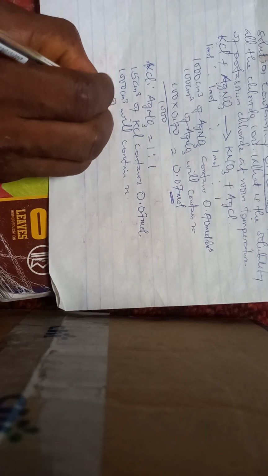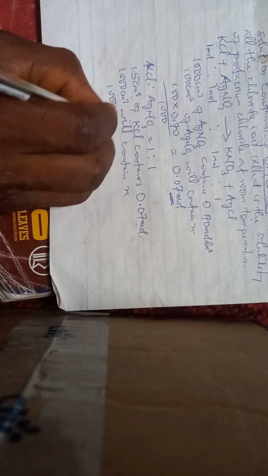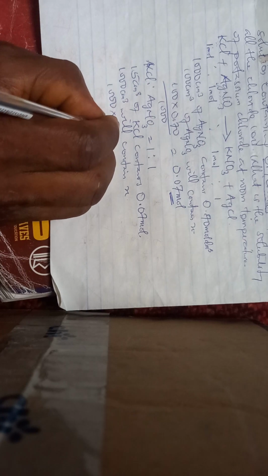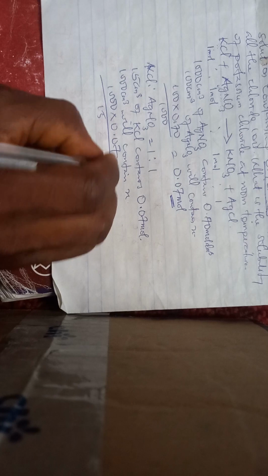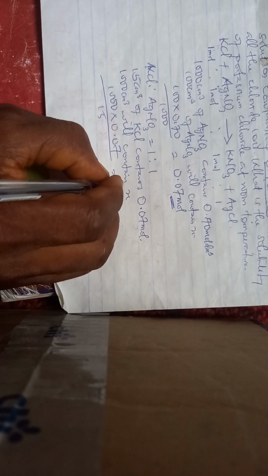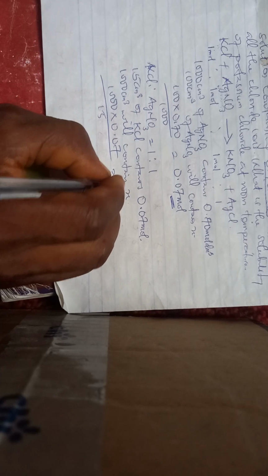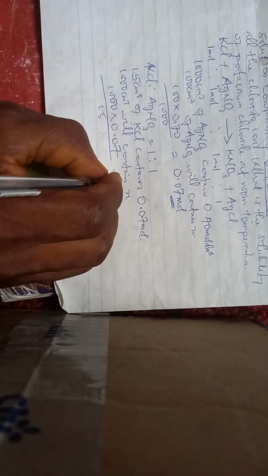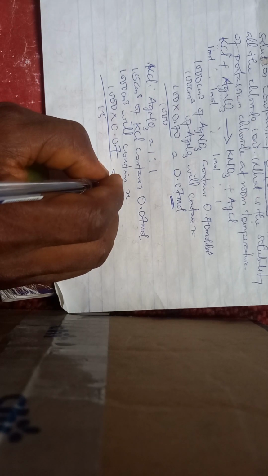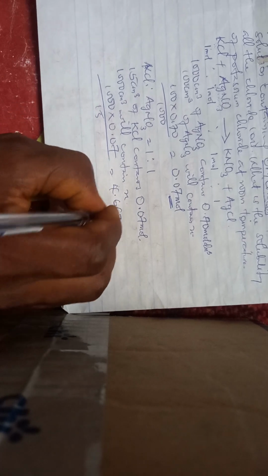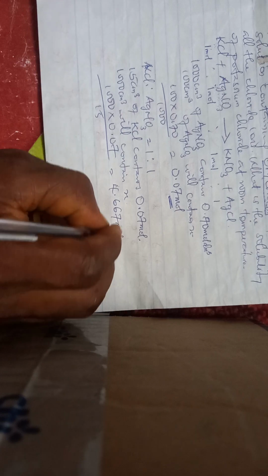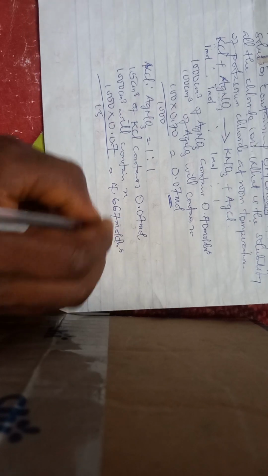So we have 1000 multiplied by 0.07 divided by 15. So at the end of the day, if we calculate very well, we are going to get, let me press, 4.667 mole per dm cube.